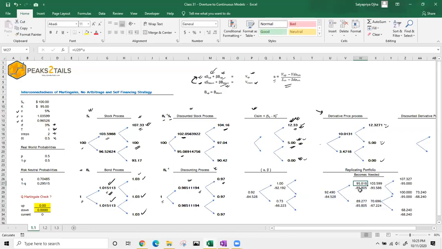Okay. This together is 10.0131, which is the derivative price. Cool. And this thing is 3.471, which is the derivative price. So I have matched the derivative payoff at the end of time.